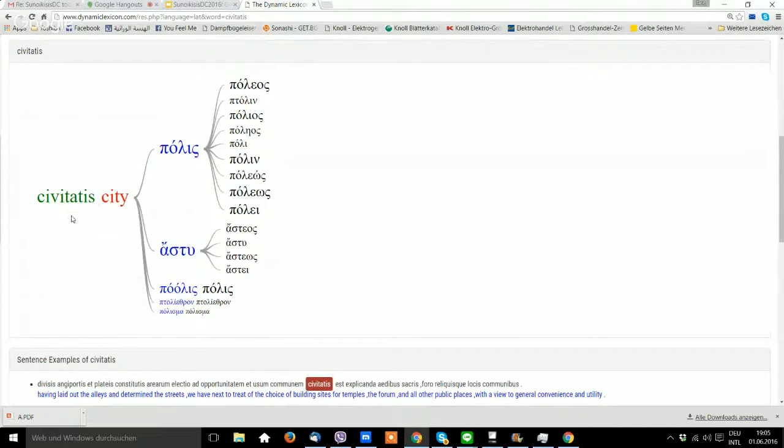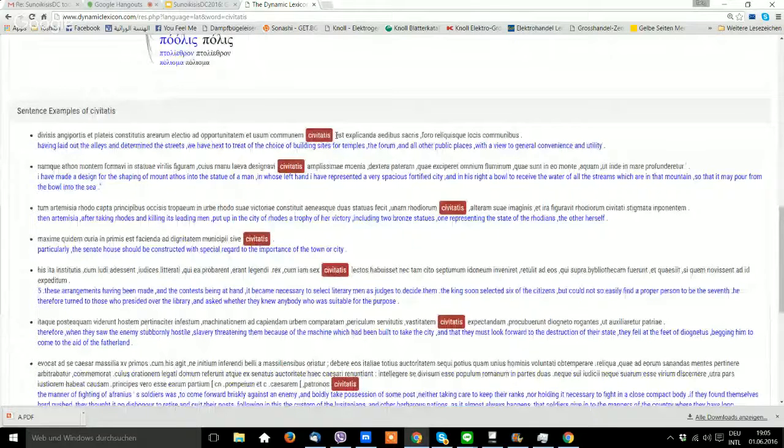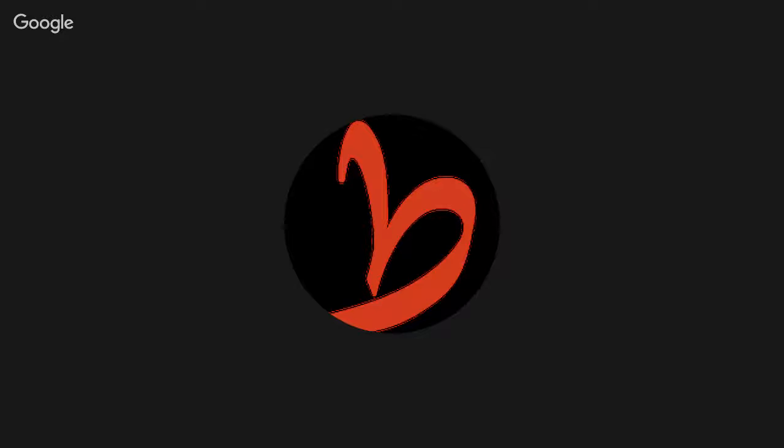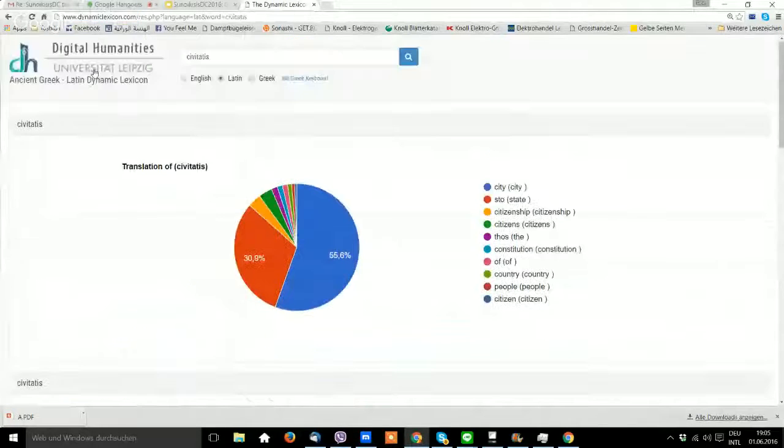And here we have the examples on the line. So this website, or web service, is available at dynamiclexicon.com. You can access it and use it.